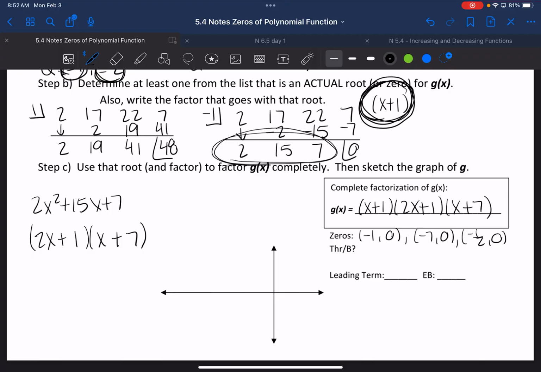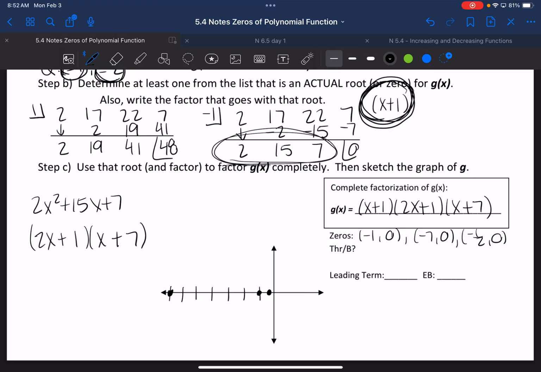Okay, so let's see. -1, 2, 3, 4. Oops, I should have done those closer together. 1, 2, 3, 4, 6, 7. Okay. So I got -1 here, I got -7, and then -1/2 right here.